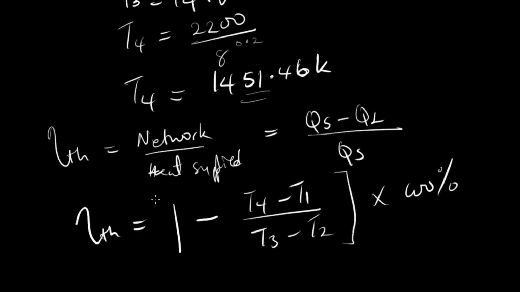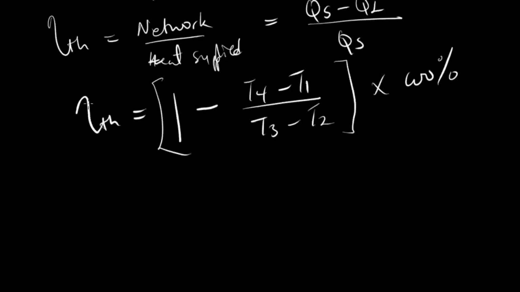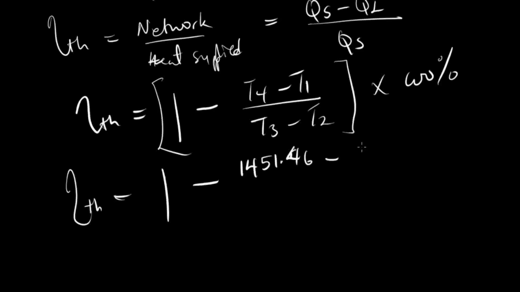So inputting the values of the temperatures, we have 1 minus 1451.546 minus 310, all over T3, 2200 minus T2.